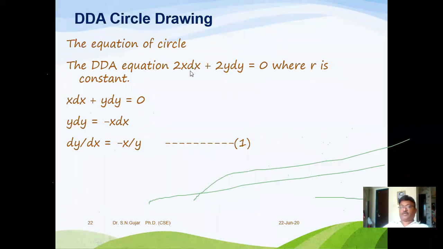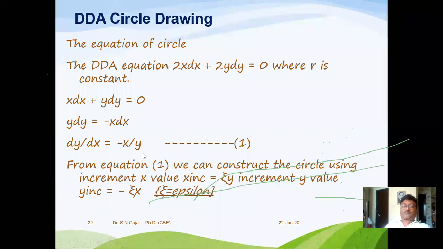So by using a derivative, dy by dx x square becomes 2x dx plus dy by dx y square becomes 2y dy is equal to r square, dy by dx r square, that will become 0 because r is the constant. Now I have put x dx plus y dy is equal to 0, y dy is equal to minus x dx, and then I am going to put the dy by dx. So dy by dx, here y goes to this side, so that becomes minus x by y.